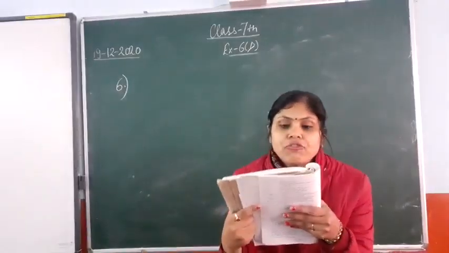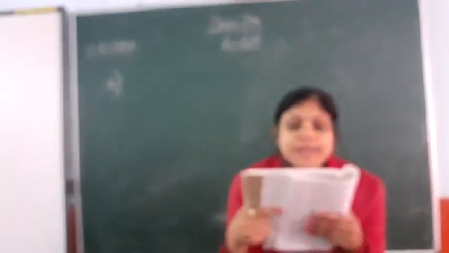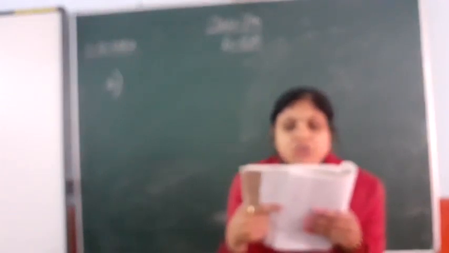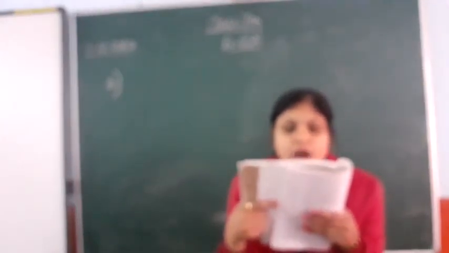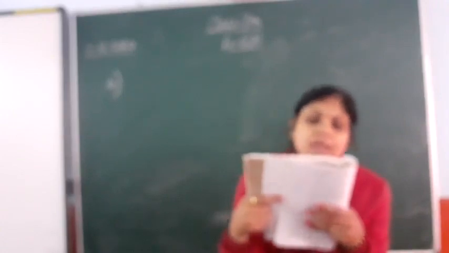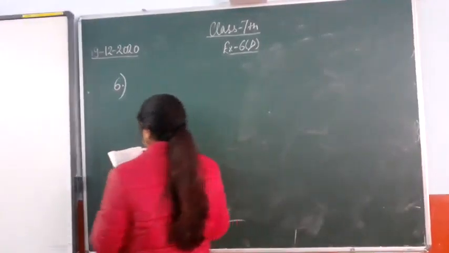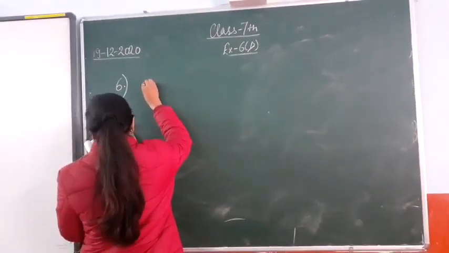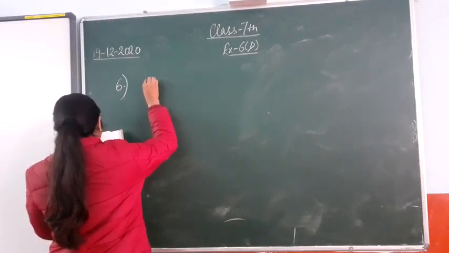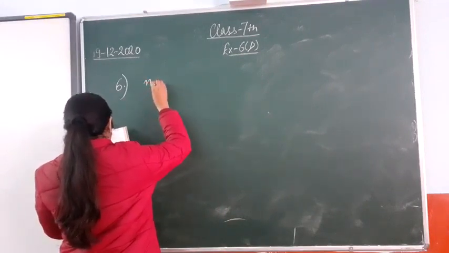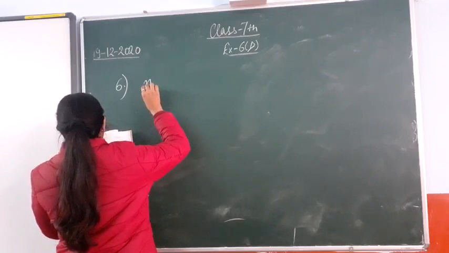In a class of 45 people, 21 play chess, 23 play cards, and 5 play both the games. Find how many do not play any of the games. How many play chess only? How many play cards only? Okay, so what is given here?